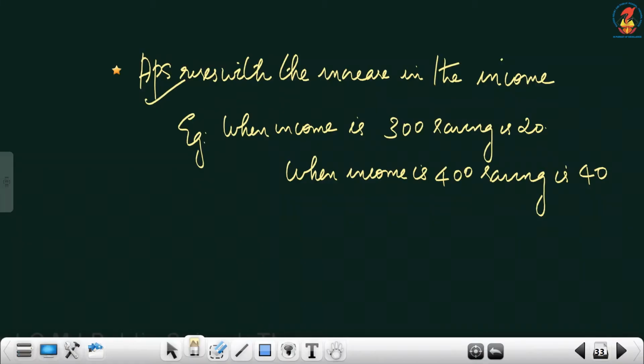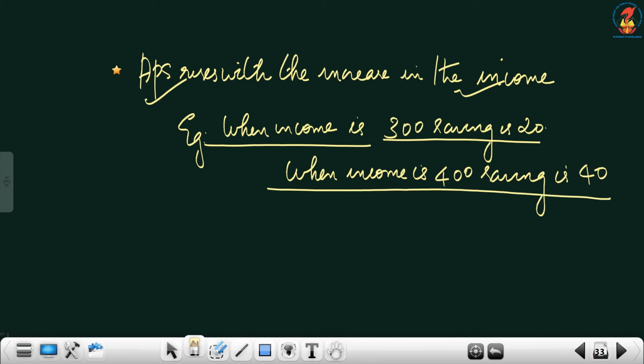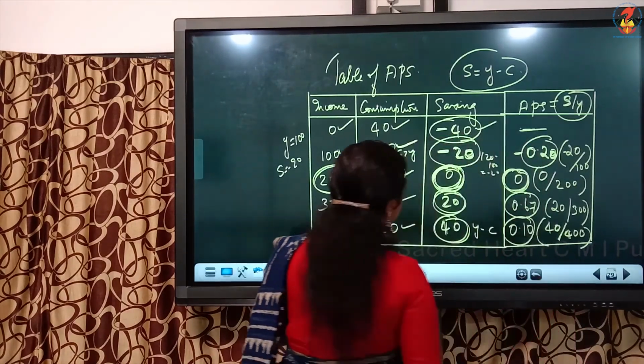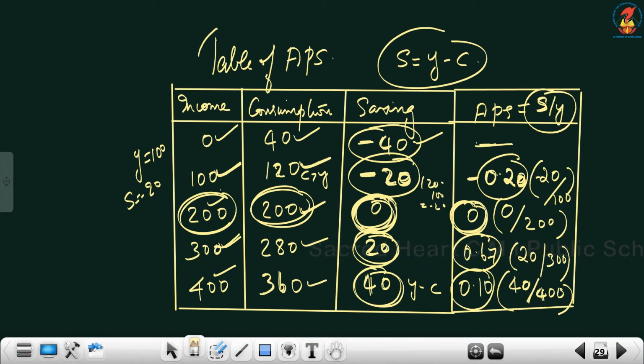Now, APS rises with the increase in income. When the income is 300, saving is 20. When the income is 400, saving is 40. I have taken this example from the table. APS rises with the increase in income. Let us see what is happening. When the income rises from 300 to 400, APS rises from 0.067 to 0.10.